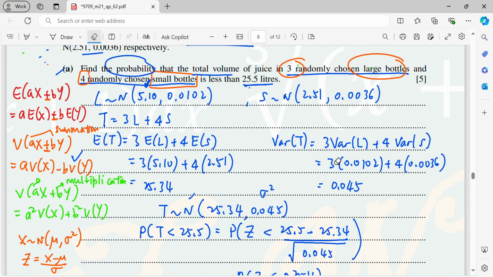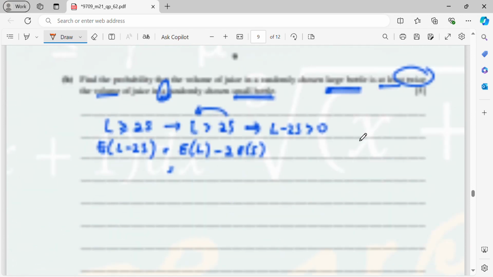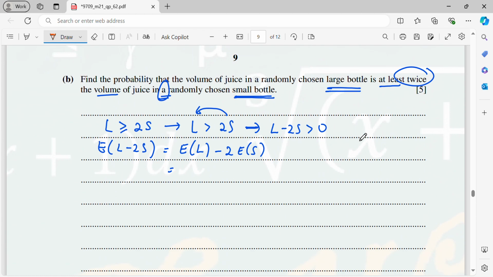Okay, this is always plus for the variance. This is also here minus, this is always plus. Right, so then from here, I will get E(L), which is the mean of the L, that is going to be 5.10 minus 2 of E(S) 2.51. That is going to be 0.08.